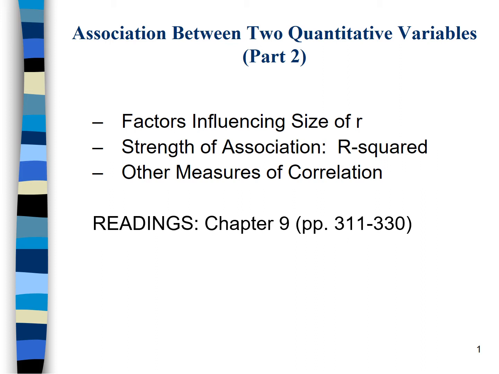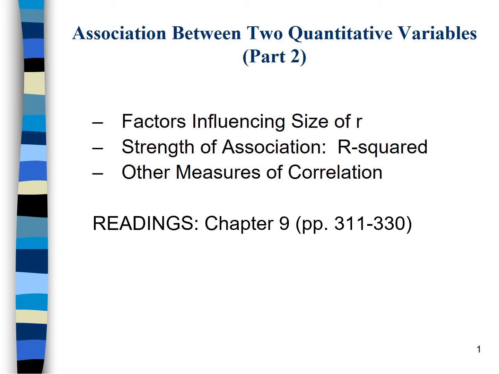We also talked about several of the properties associated with R. We talked about the fact that it has a limited range of values, from -1 up to +1. We talked about the fact that the sign of R tells us the type of association. R values that are negative are indicative of negative associations.